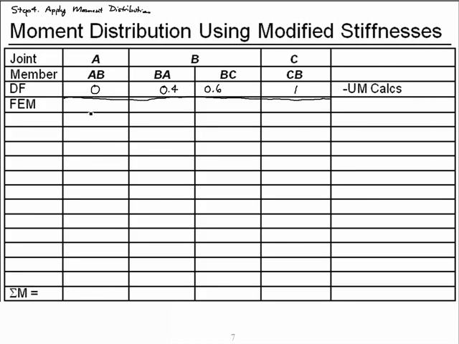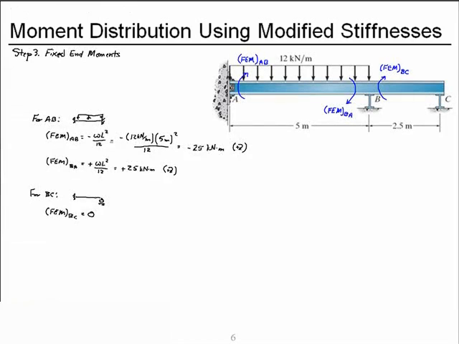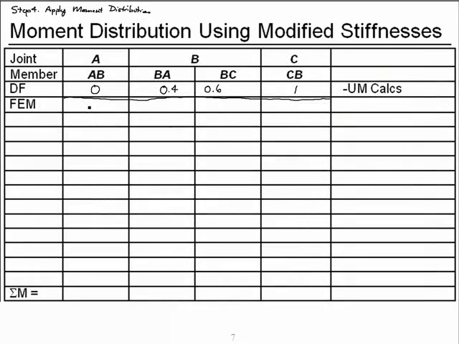For our fixed end moment, we found it to be negative 25 kilonewton meters at AB, positive 25 kilonewton meters at BA, and then 0 everywhere else. Negative 25, positive 25, 0, and this one we won't need because it's the pinned end.